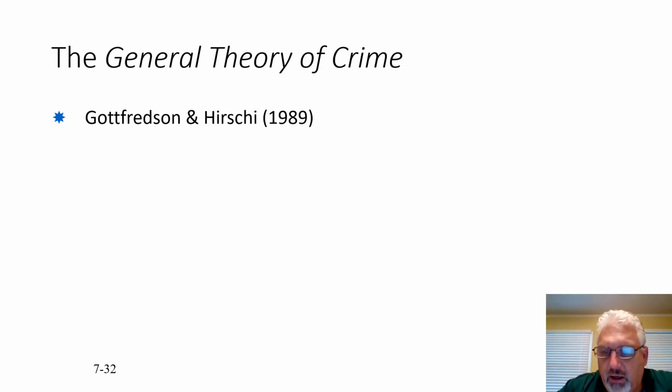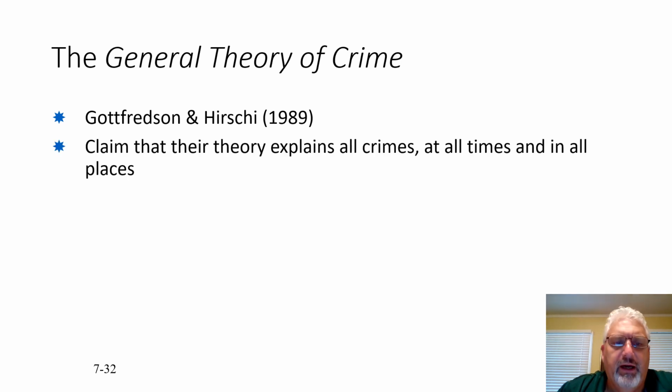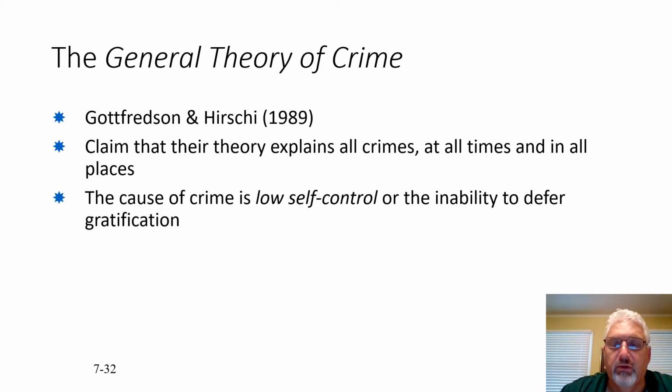It was published in 1989, and essentially what Hirschi now argues in this later book is that they came up with the idea that we can explain all crime, and all crime is based on one factor, and that one factor is low self-control. So low self-control, or, we come back to this point over and over again, the inability to defer gratification. Okay? Low self-control or the inability to defer gratification is what leads to crime.